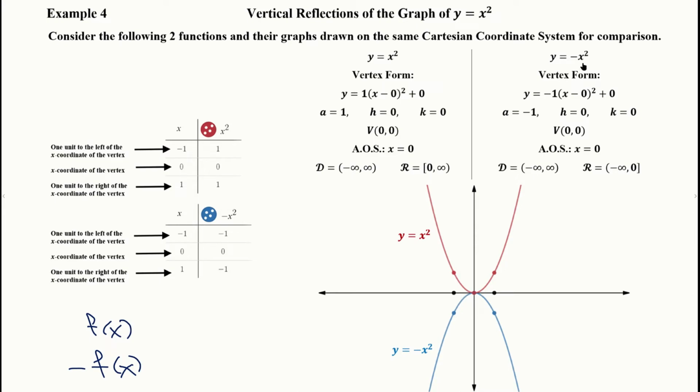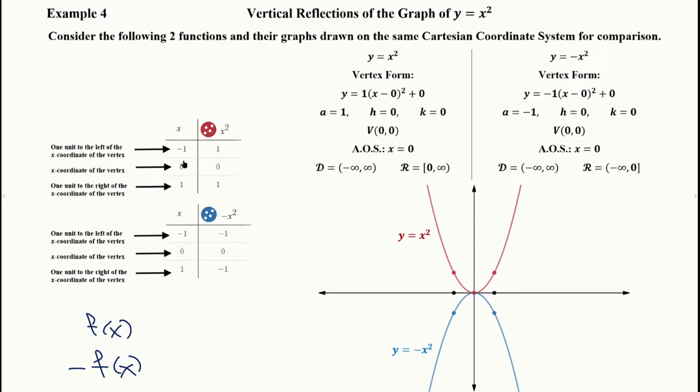That's, of course, because when you plug in any real number into negative x squared, the output is going to be 0 or some negative number, because this part will be either 0 or positive, so the opposite of that will be 0 or negative. And that's how you end up with this particular graph.